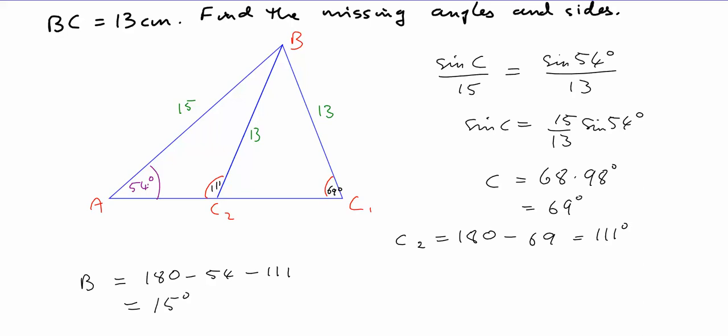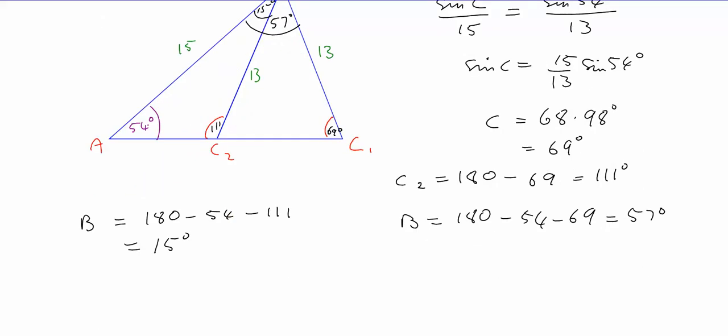So that's 15 up there. Or in the triangle with C1, B could be 180 minus 54 minus 69, which is equal to 57 degrees. So this angle in there is 57 degrees.